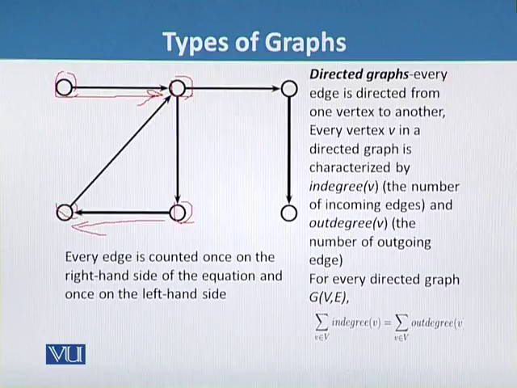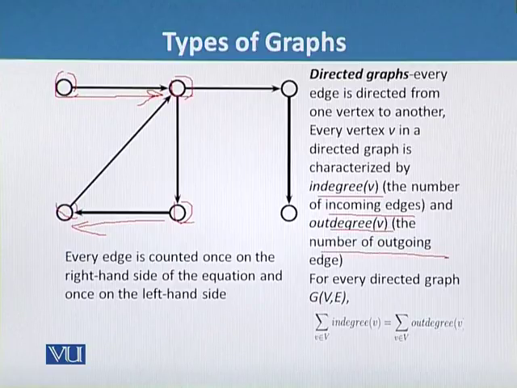So every vertex V in a directed graph is characterized by in degree V, the number of incoming edges, and the out degree V, that is the number of outgoing edges. So we can calculate the outgoing and incoming edges by seeing this diagram.